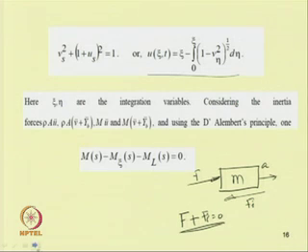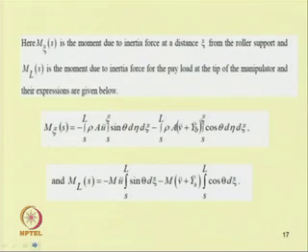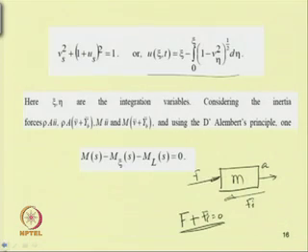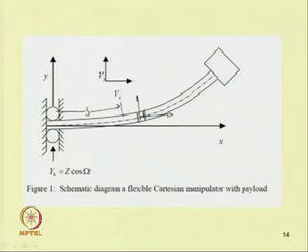By taking all these forces, one can write the equation of motion. Now, this m zeta s, at a section zeta at a dummy distance zeta from the base.